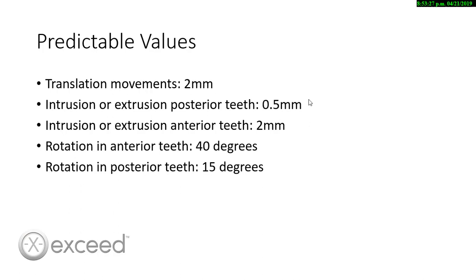If we want to perform intrusion or extrusion in posterior teeth, we try to stay around 0.5 millimeters of movement or less, but with the anterior teeth, normally we can achieve 2 millimeters or even in some situations more than this. For rotation in anterior teeth, we can go up to 40 degrees and in posterior teeth up to 15 degrees. It is important that to obtain these values, the use of attachments will also be needed.